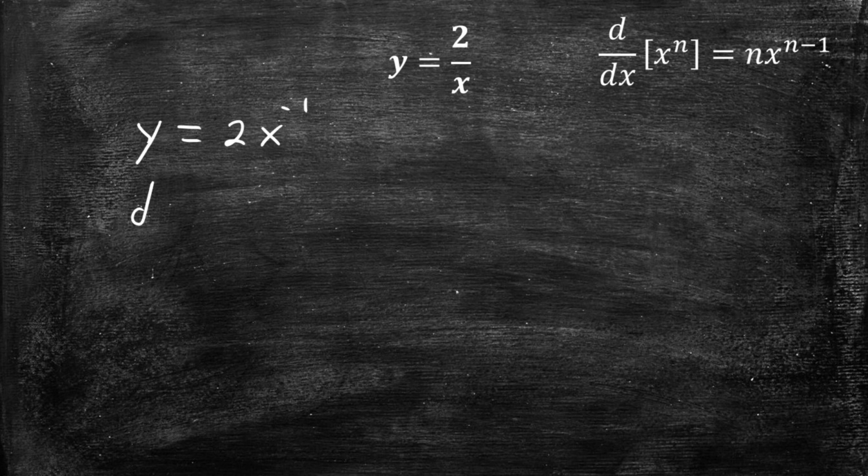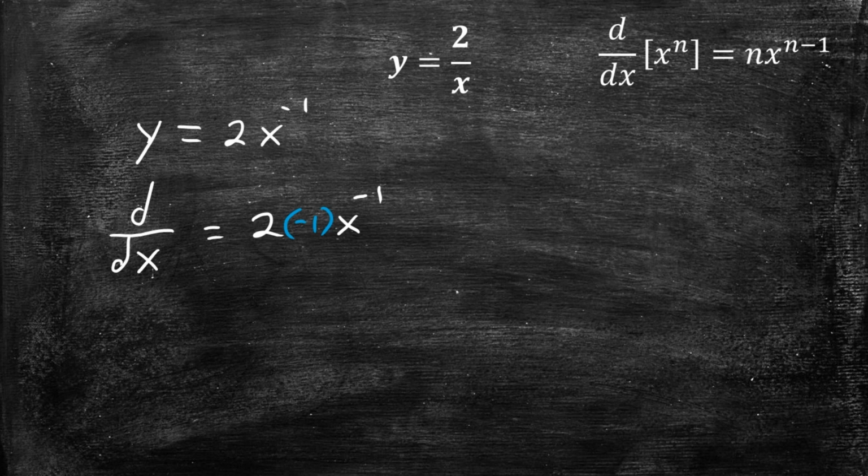So we have d over dx is equal to, I'm going to write down our constant, we keep that, and I'm going to leave a little space, put x to the negative 1. Okay, so all we do is you take the exponent right here, and you just bring it in front of your variable, so negative 1, and then you subtract 1 from the exponent.